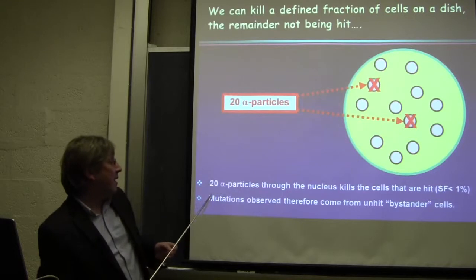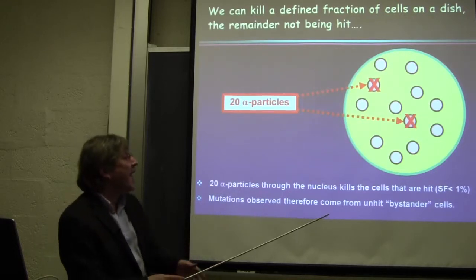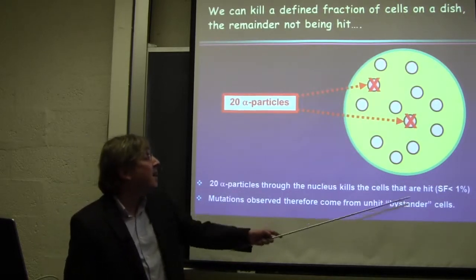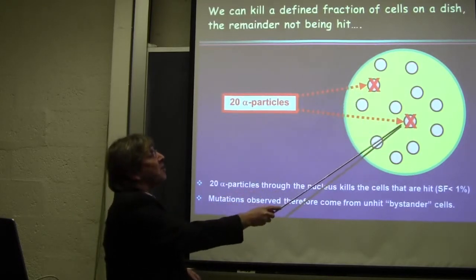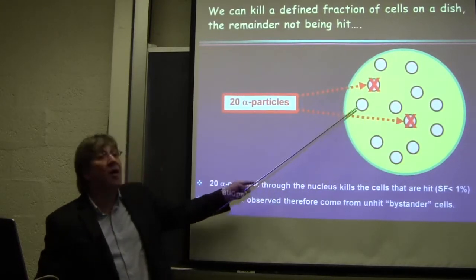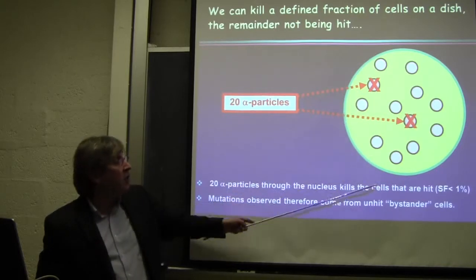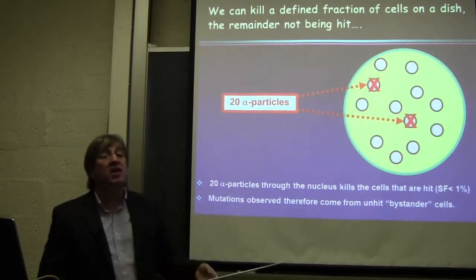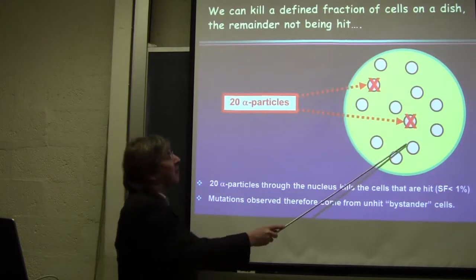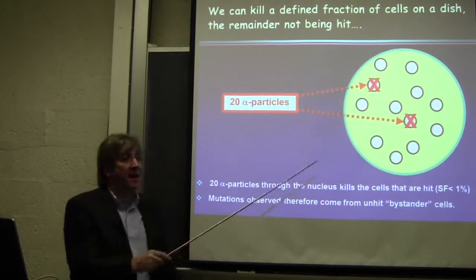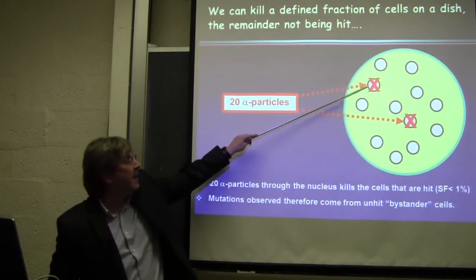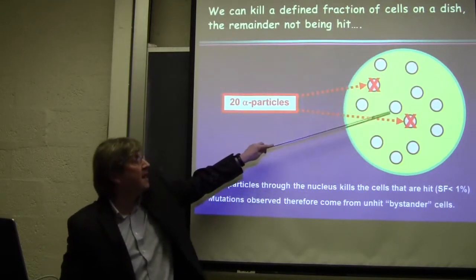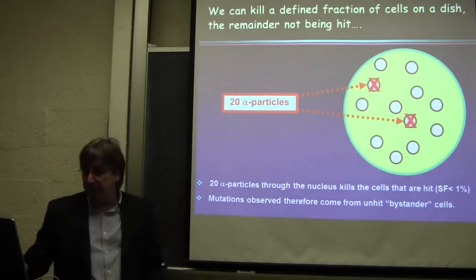So the mutations observed have to come from the unhit bystander cells. On the dish you'd either have cells which you know are dead, or you know have not been hit by radiation at all. So any mutations that you see have to have come from these unhit cells, and presumably these hit cells will have been sending out bystander signals to the unhit cells.